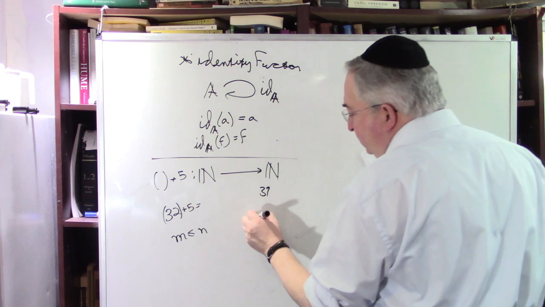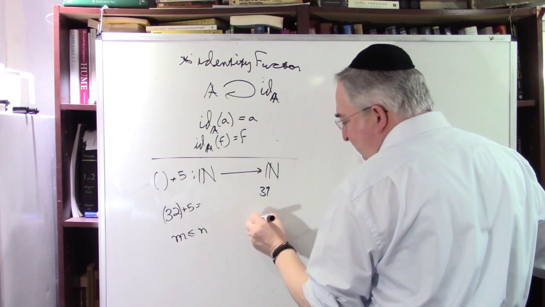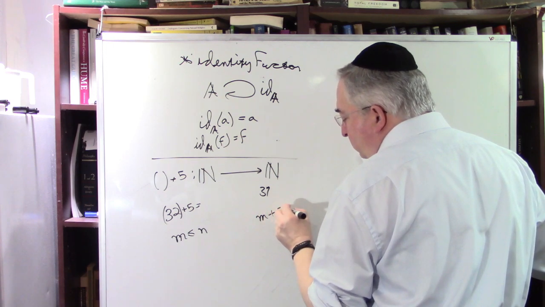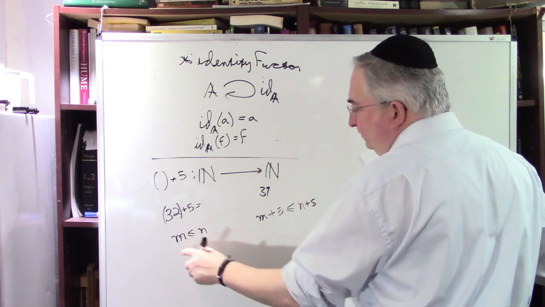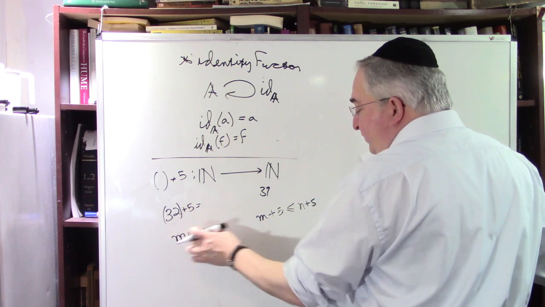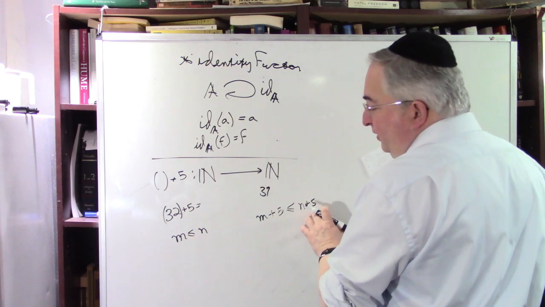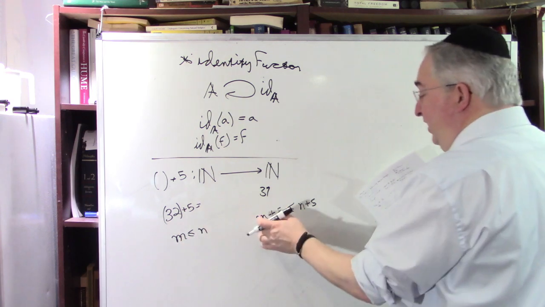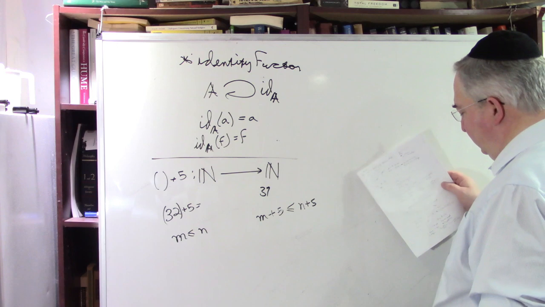So m is going to go to m plus 5, n is going to go to n plus 5. There's going to be a morphism from here to here also, because if m is less than n, then m plus 5 is less than n plus 5. So that takes care of that.